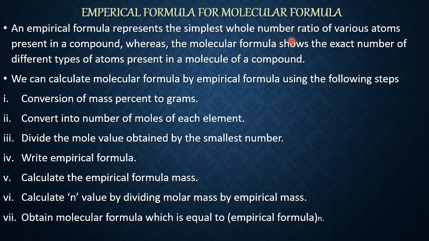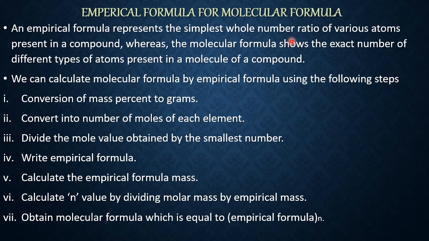Take the example of glucose. Glucose molecular formula is C6H12O6. Now, if you take the ratio of 6:12:6, we will get 1:2:1. Carbon 1, hydrogen 2, oxygen 1. So 1:2:1 is the simplest ratio for 6:12:6.